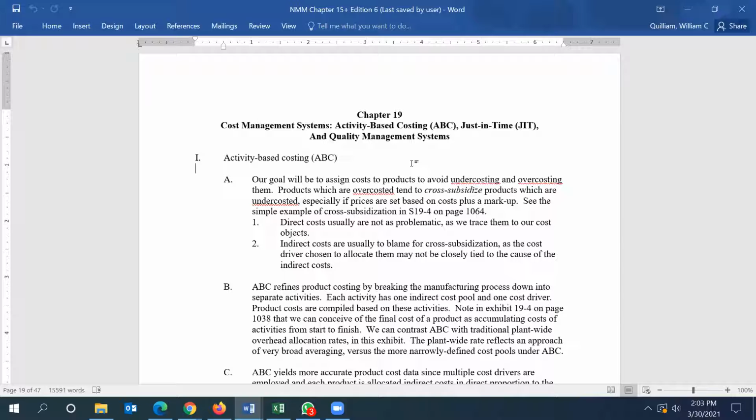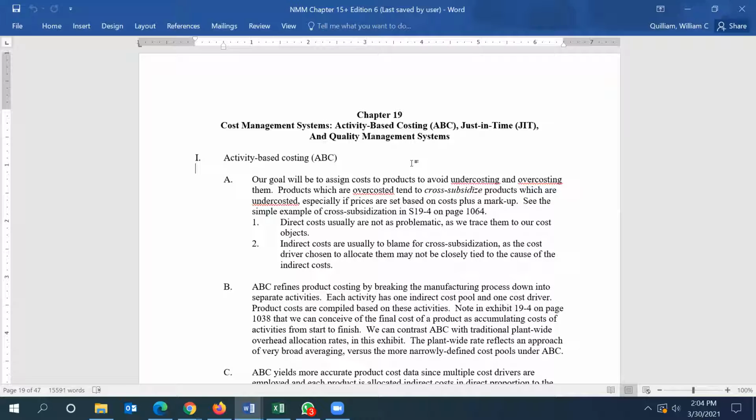We do so department by department or activity by activity. Somehow we break it down from the one great big plant-wide overhead cost pool. So each of these activities, or however we break it down, will have its own overhead cost pool, and costs in that cost pool are more likely to be homogeneous, more likely to behave alike than they would be in one big plant-wide overhead cost pool.